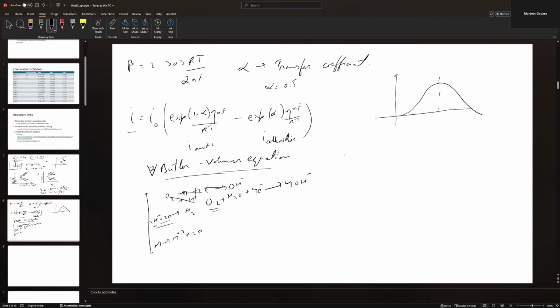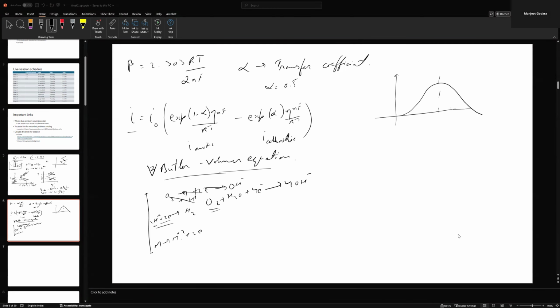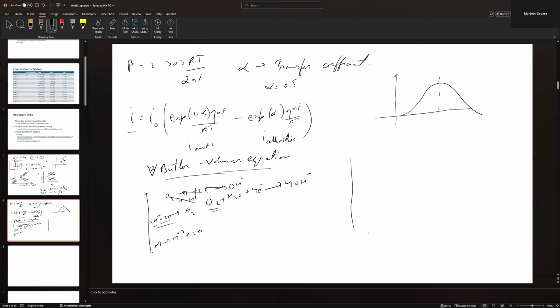In the case of oxygen, the oxygen near the surface would get consumed, right? Suppose this is the bulk O2 concentration before any reaction is taking place.